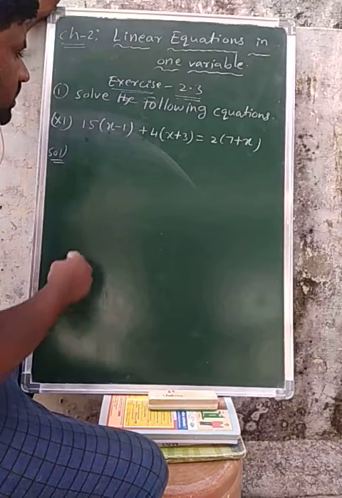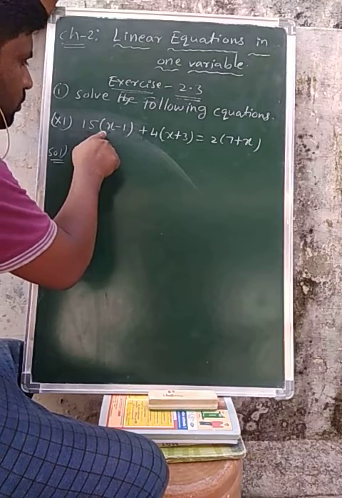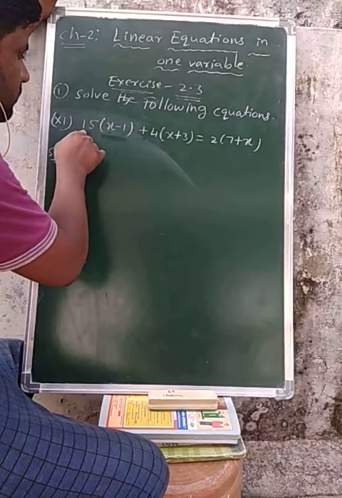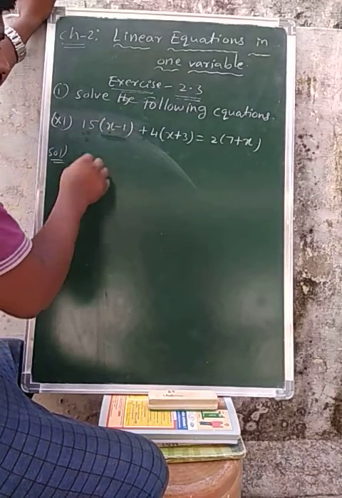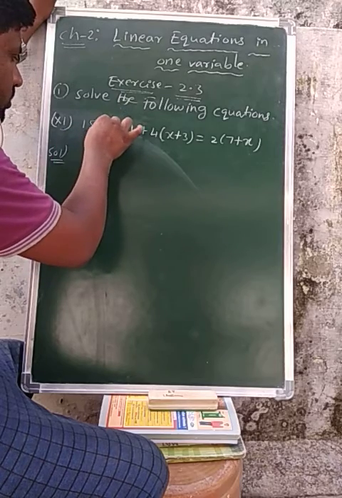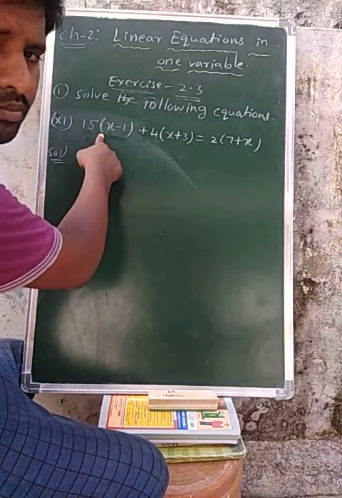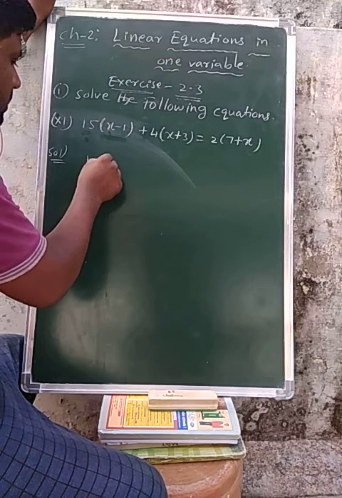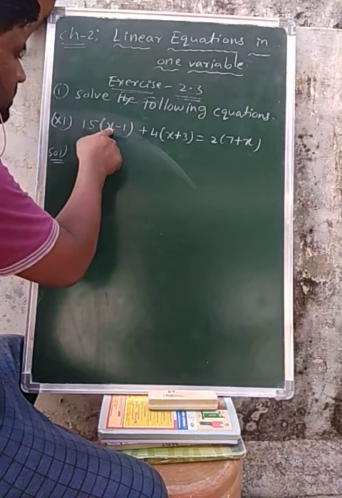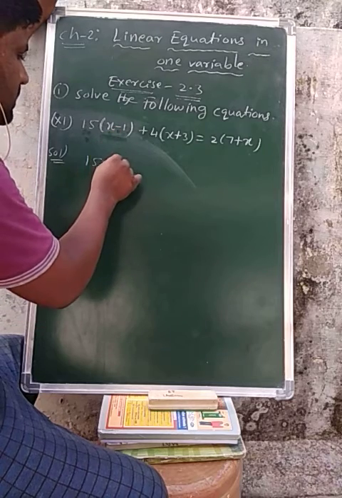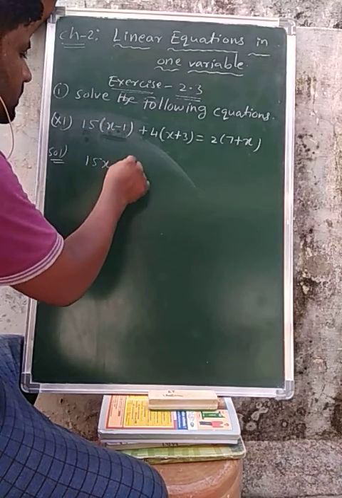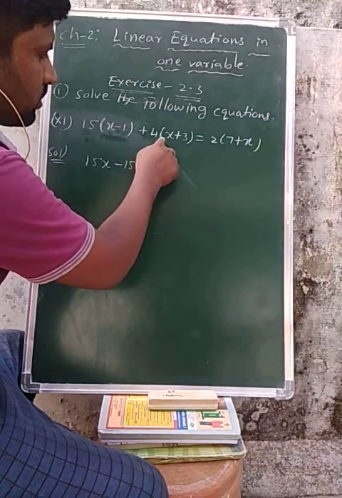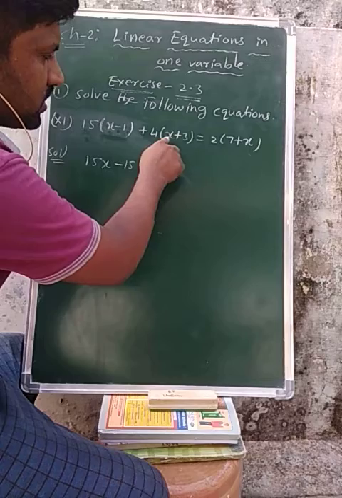With the 15, I am going to multiply the complete expression. ఈ bracket లో ఉన్న part ని with 15 తోటి multiply చేయండి. 15 of, that is nothing but multiplication. 15 into x, we get 15x minus 15 into 1, that is 15, plus here with the 4 we completely multiply the expression x plus 3.